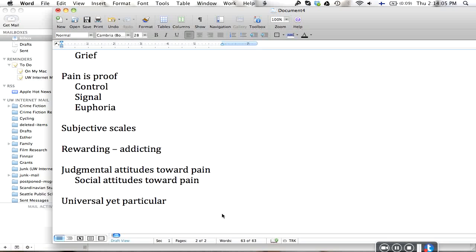What for me is like, right here, this sucks, is for you like, oh, are you really having that pain? Well, that's part of the problem of pain, right? It is extremely present and certain, and yet at the same time doubtful and subject to all kinds of social and individual judgments.